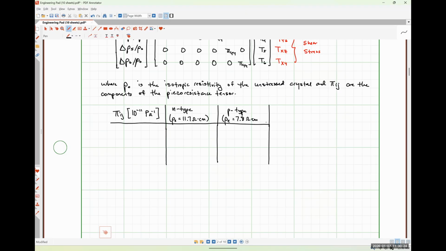And just to be clear, these values are valid at T equal to 300 degrees Kelvin, so room temperature, and they're only valid for NA or ND less than 10 to the 17 per cubic centimeter.